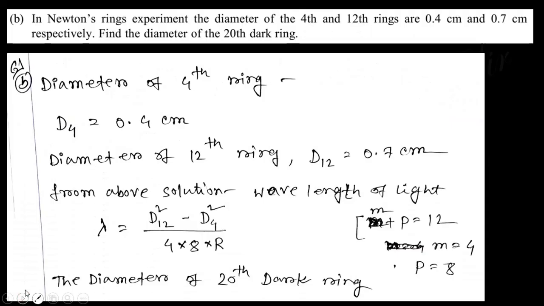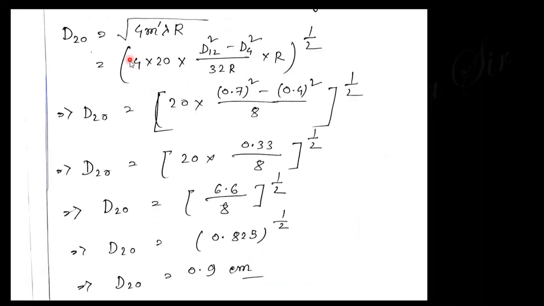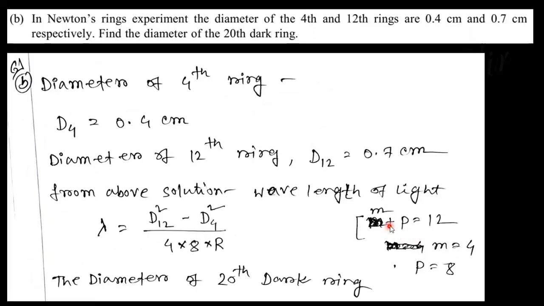Next one. In Newton's ring experiment, the diameters of the 4th and the 12th ring are this and that. So this is D4, and D12 equals like that. And previously you obtained this lambda from the formula. So the diameter of the 20th dark fringe will be like that, and putting the value of m, we already obtained m plus p equals 12 and m is 4, that is p equals 8.